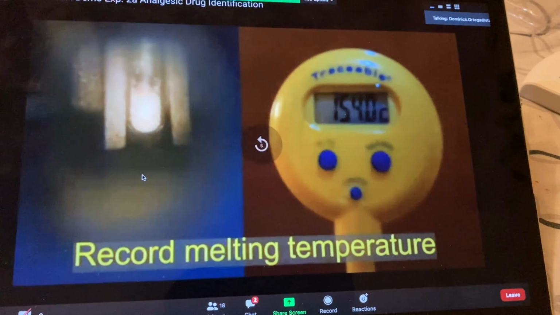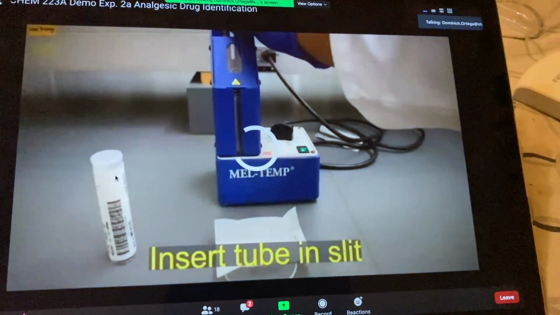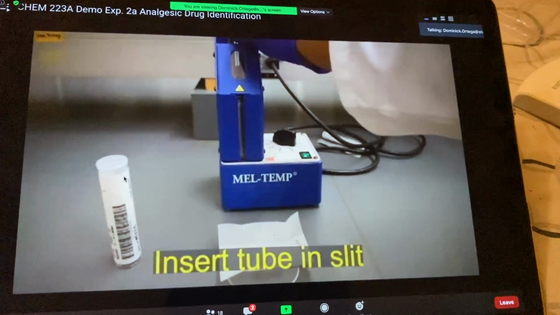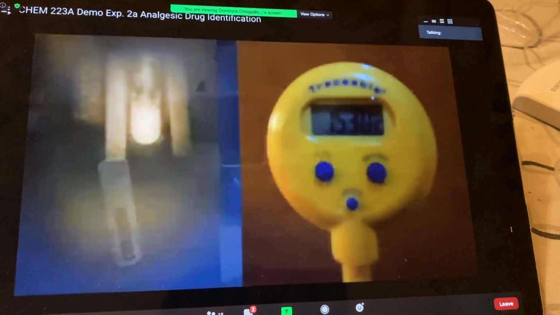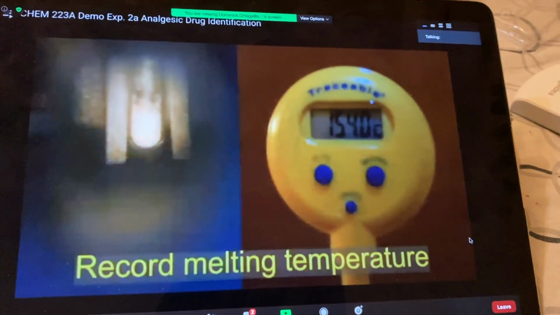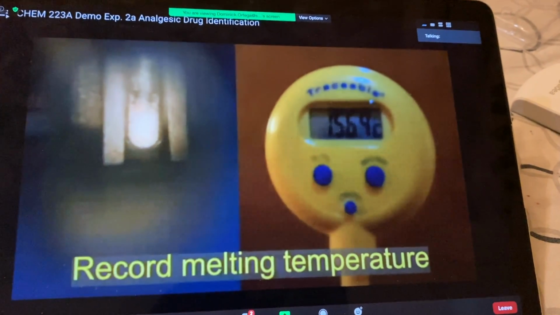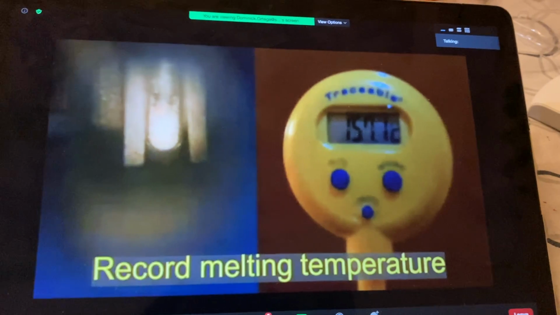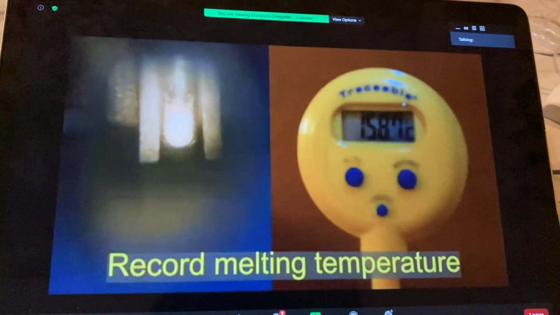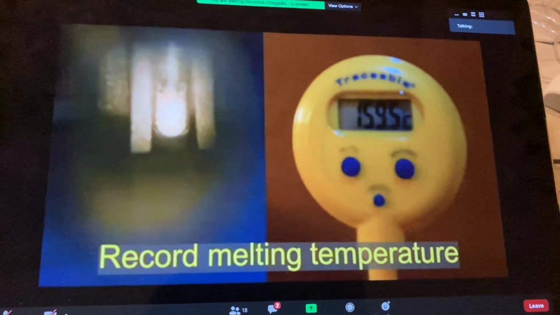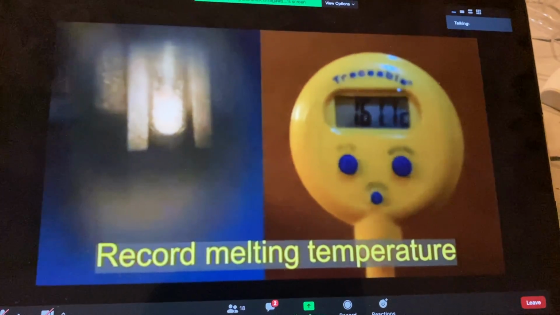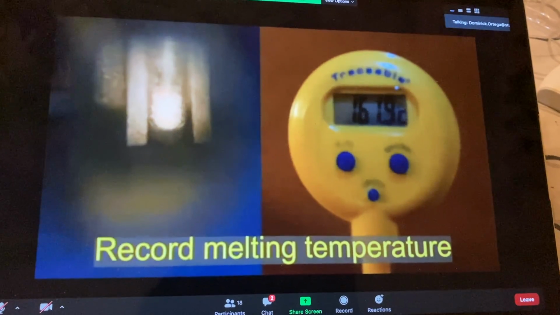So I'll do it one more time. This is actually a little bit better. I guess the campus doesn't have a very good camera.